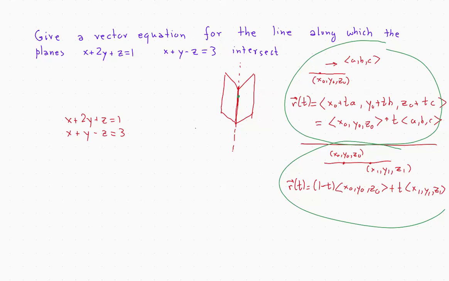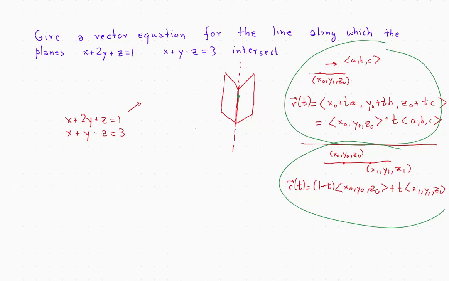And of course, by the way, one could ask, how do you know that these planes intersect? I mean, what is it that makes you sure about that? It's the fact that if you look at normal vectors for these planes, this plane has normal vector 1, 2, 1. How did I find this?